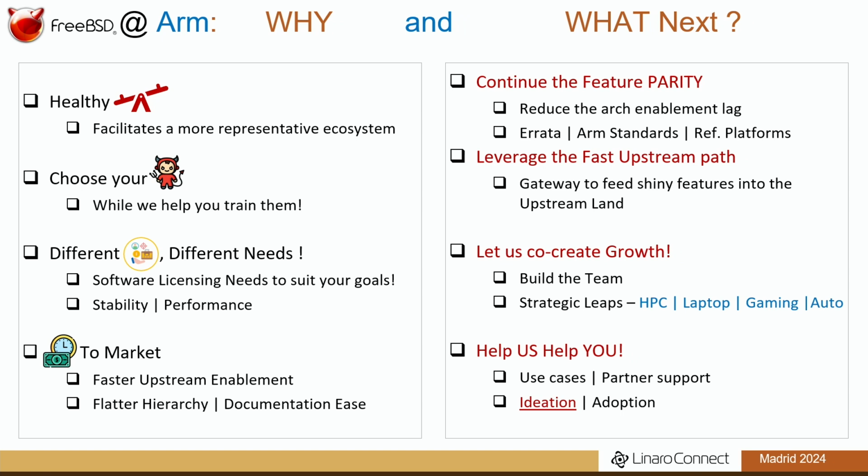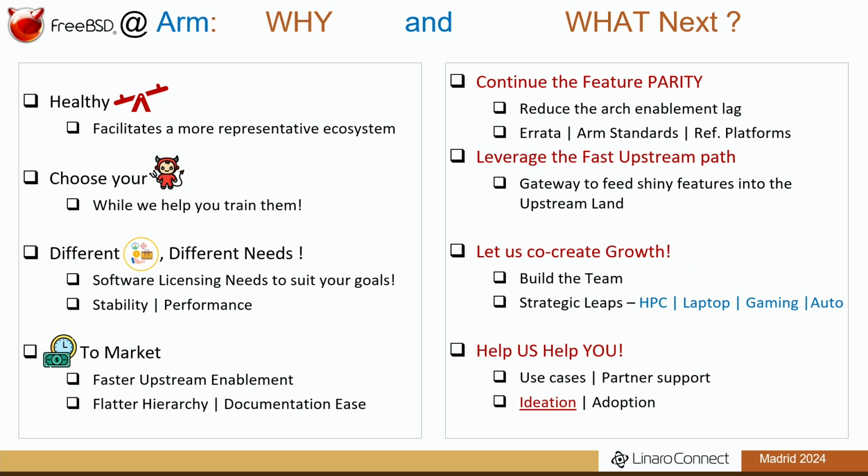Now, FreeBSD on ARM, why? And what do we have next? Of course, we discussed a bit of it in the development pipeline, but more in terms of the strategic need for this. Now, we do recognize that there is a very mature pipeline for Linux development, but it was also felt to have a healthy balance in the ecosystem.